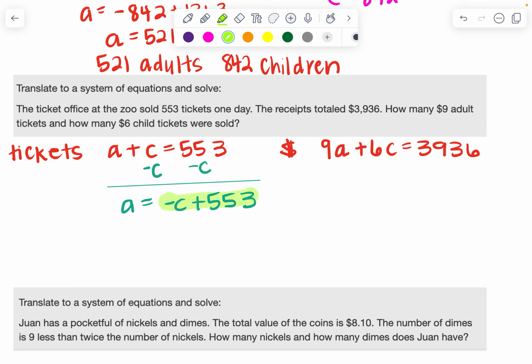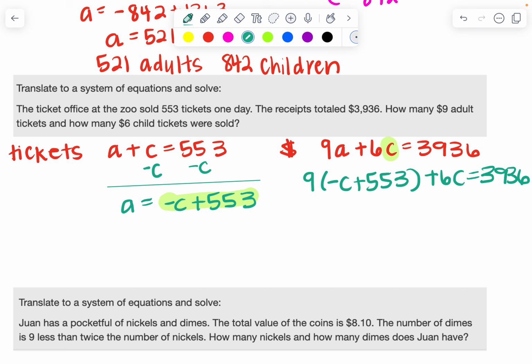I'm going to take this and plug it in for A into that equation. So now I have 9 times negative C plus 553, plus 6C equals 3,936. Solving this equation, we would get that C is 347.